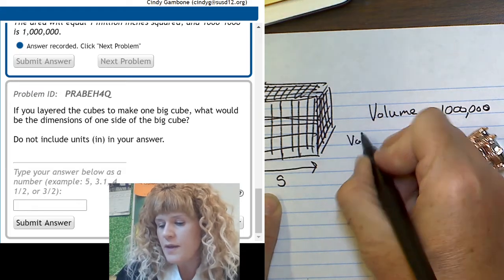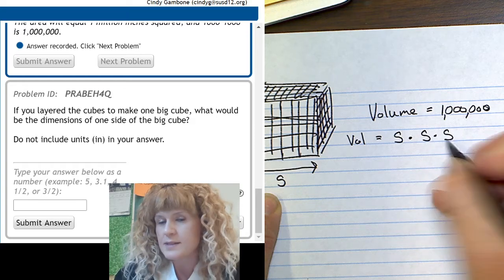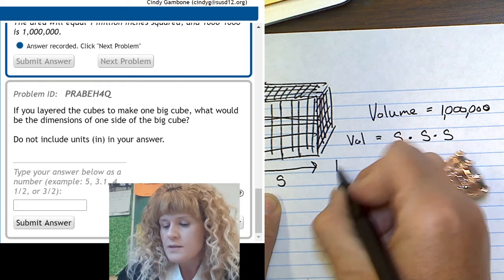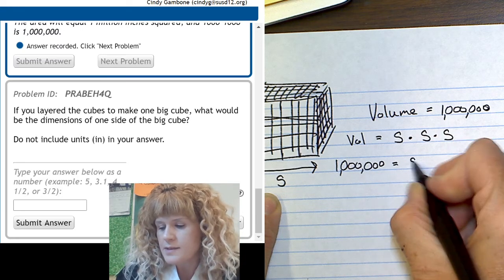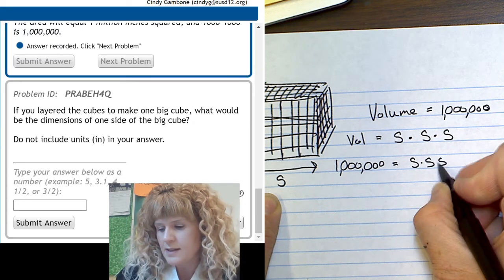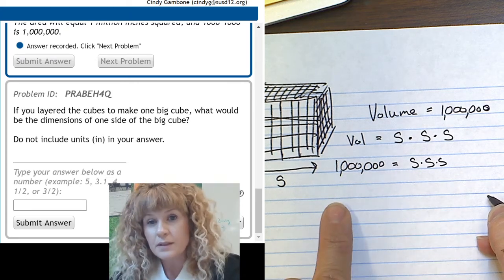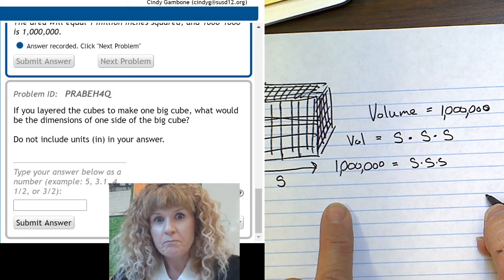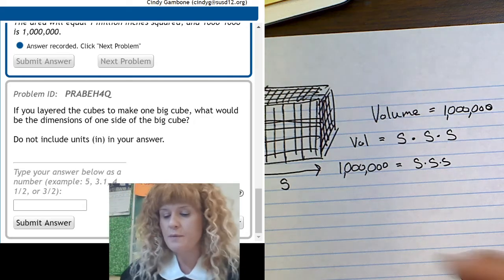I also know that the volume equals the side length times the side length times the side length. So I can now write 1 million equals side length times side length times side length. What times what times what equals 1 million? Is it 10 times 10 times 10? No, that would be 1,000.